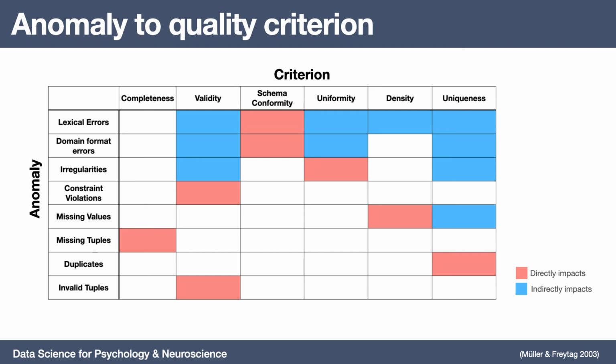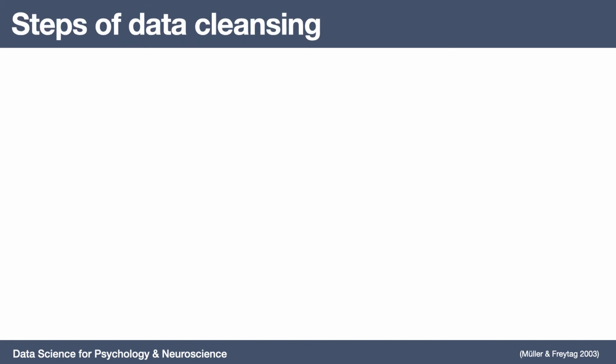Mueller and Freytag propose a philosophy for how to build data cleansing pipelines. Everything I'm going to be talking about in terms of data quality pipelines, you can do and you should be doing as automated pipelines. However, there are some cases where you might need to do certain steps manually.